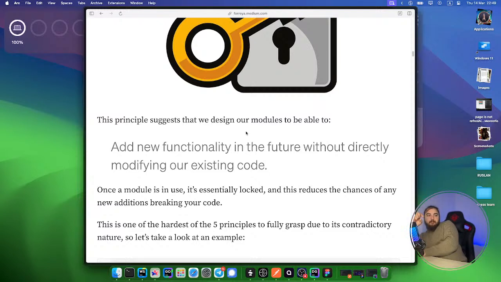For example, when you have some class, maybe that's what it is meant about. Say you have some class which has some methods, and some of the methods are taking raw information.